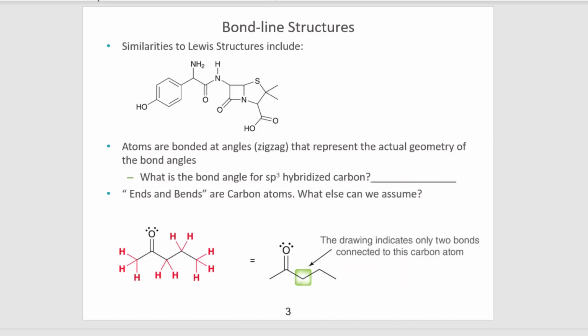Okay, using the same structure as the previous slide, we're still going to be using lines to represent bonds. So that's the similarity that we see with Lewis structures. Things that are different, though, are the differences.